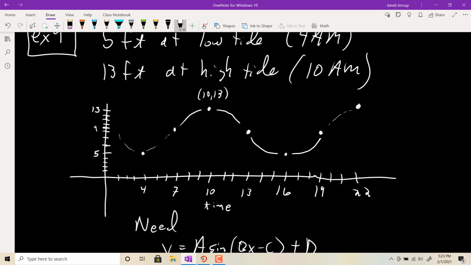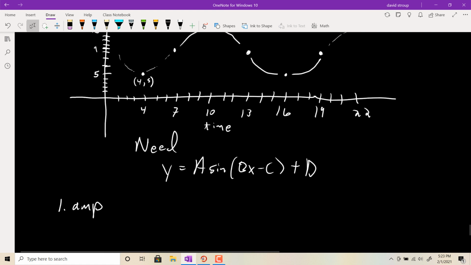And then at 4 a.m., the other low point over here, it's 5 feet high. So the amplitude is the difference between the heights, 13 and 5, and then you still have to divide it in half. 13 minus 5 is 8, divided by 2, which is 4. So the amplitude's 4. A is 4.